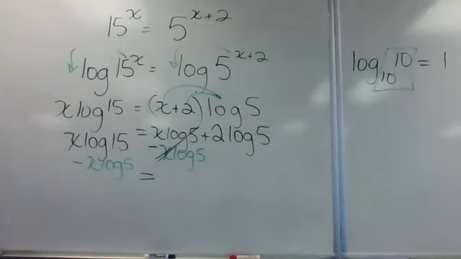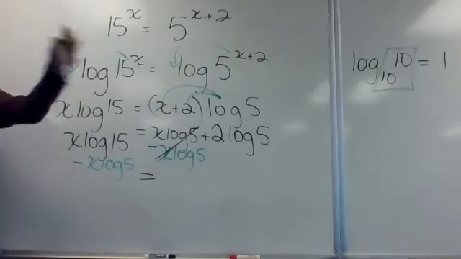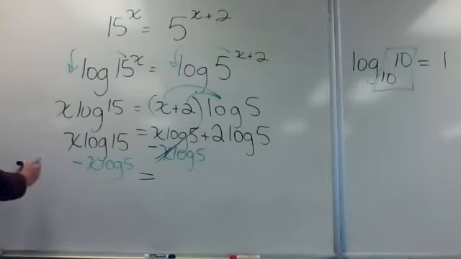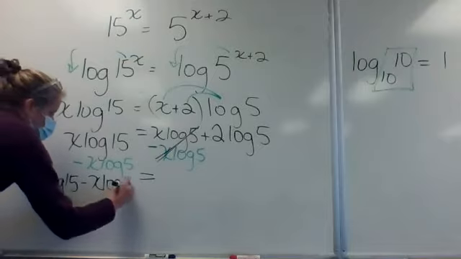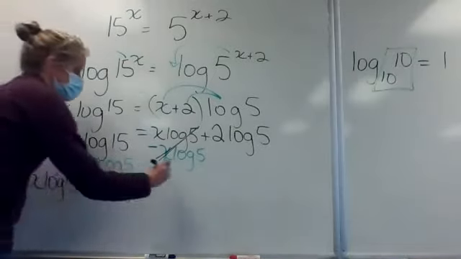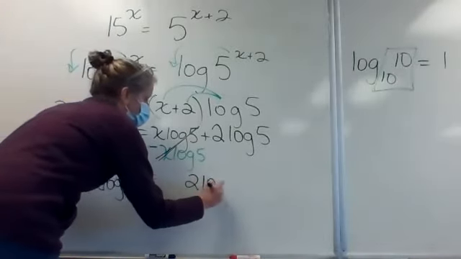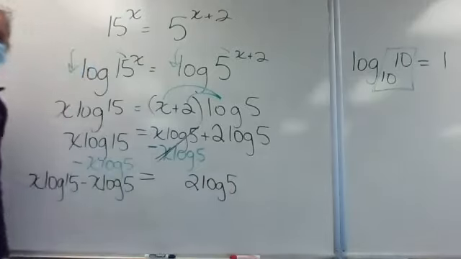So that cancels it over there. On the left side, not like terms, right? So I'm just going to write them all the way out. So I have x log 15 minus x log 5 equals, on the other side, all I have left is 2 log 5.